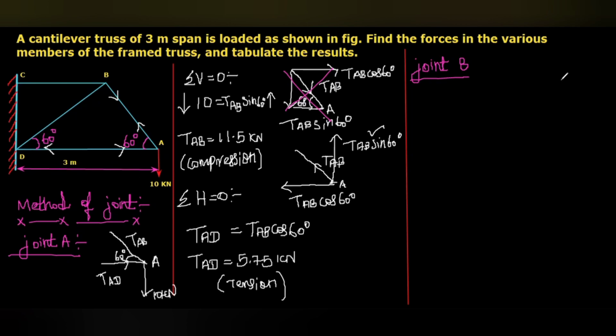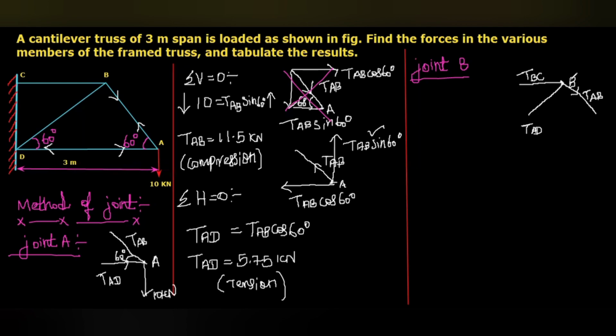So the free body diagram of the joint B has one horizontal member, that is the force in the member BC. Then one inclined member, the force in the member AD. Then another inclined member, that is the force in the member AB. Here this one is known direction wise.